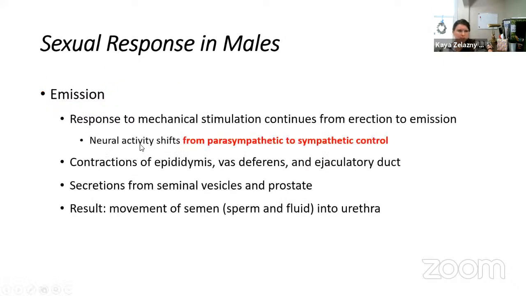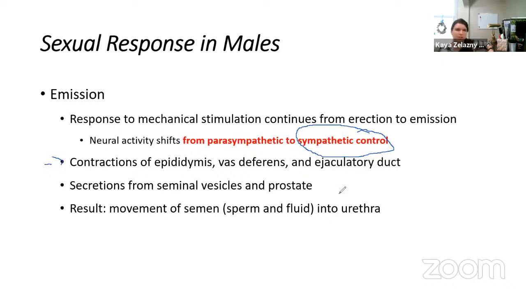So we looked at emission. Now we have this shift from parasympathetic to sympathetic control, the point at which the sympathetic nervous system starts to take over. In response to continued mechanical stimulation, sympathetic control leads to contractions of the epididymis, vas deferens, and ejaculatory duct via peristalsis.